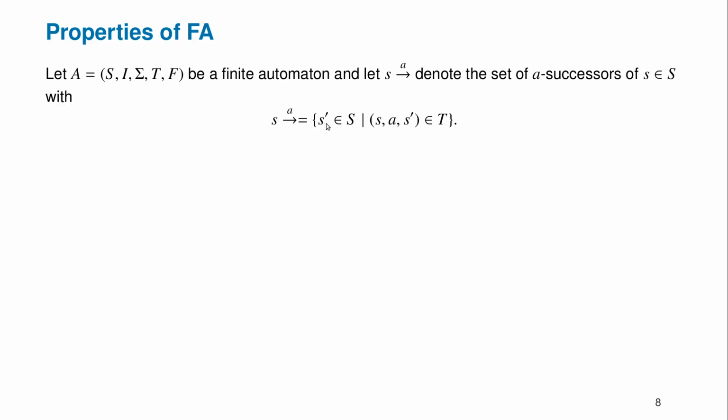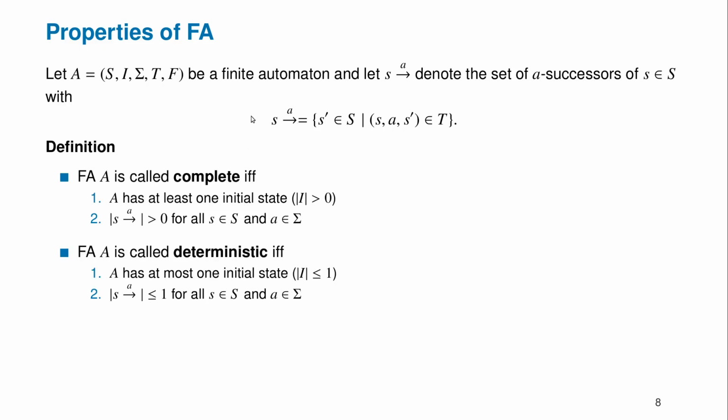In this set, we collect all the target states which can be reached from S with an A. We said we have a transition relation, meaning that there can be multiple successor states that are reachable via an A. And if we collect all the states that are reachable via an A from S, we write it down as S arrow A and no target state.